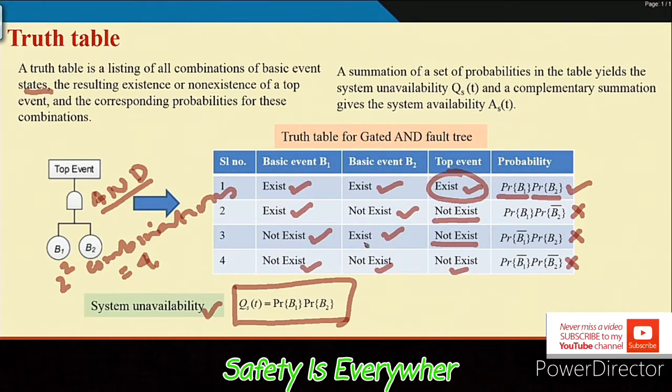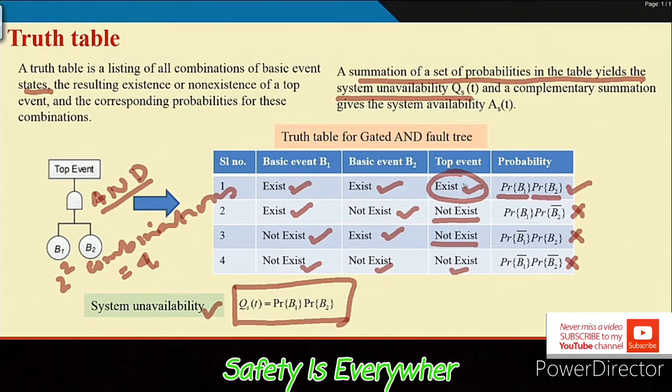So, this is the equivalent representation of the AND gate in terms of a fault tree. Then what is system unavailability? The summation of the set of probabilities in the table yields the system unavailability QST. Where the top event exists, that probability you have to add.